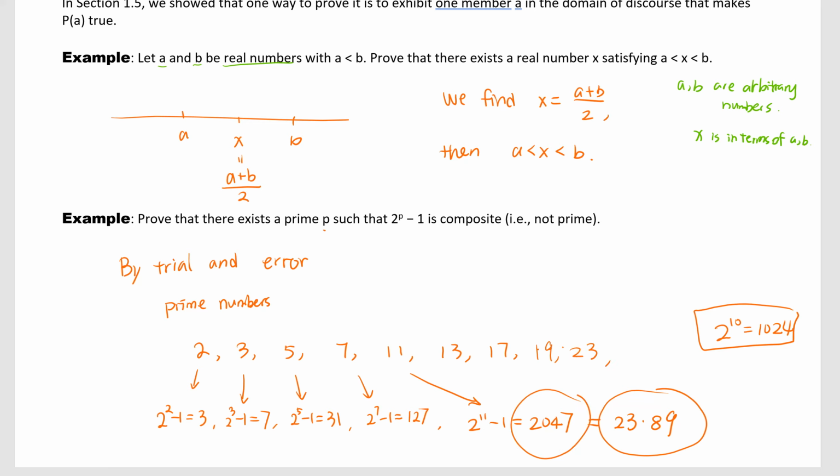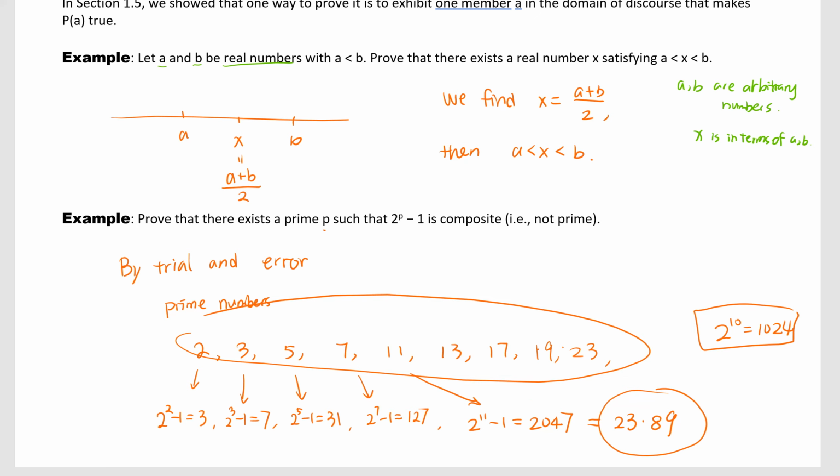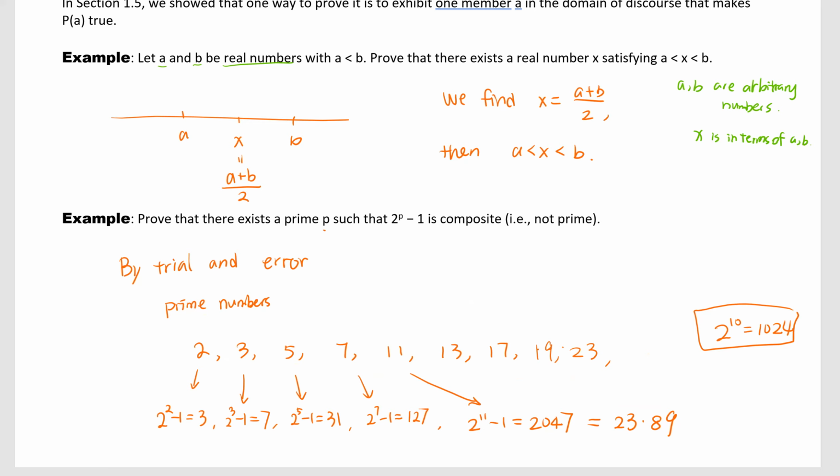You divide this number by these and see whether the remainder is 0, or you don't get a decimal when you divide using your calculator. Then I come up with 23. When I divide by 23, I get 89, which is not a decimal. So we know 2047 is a composite.